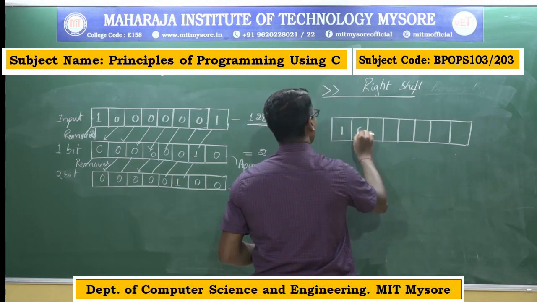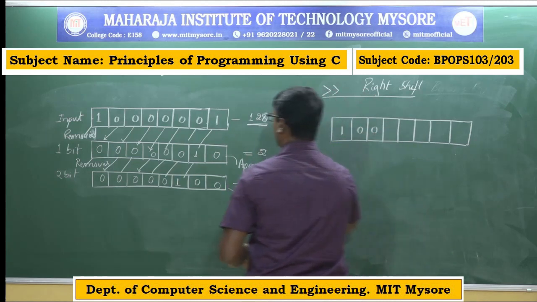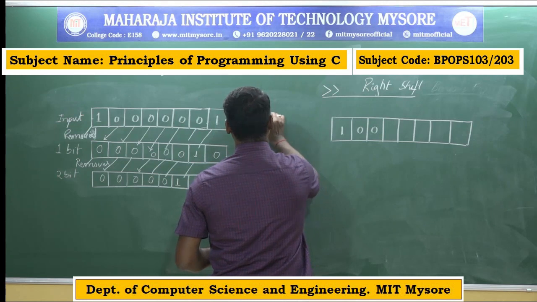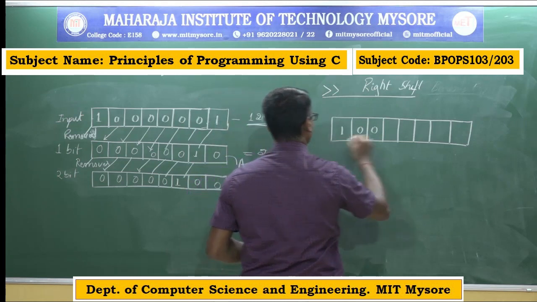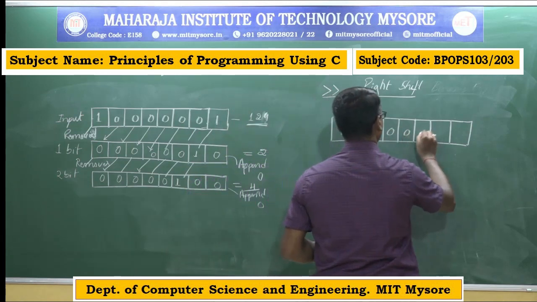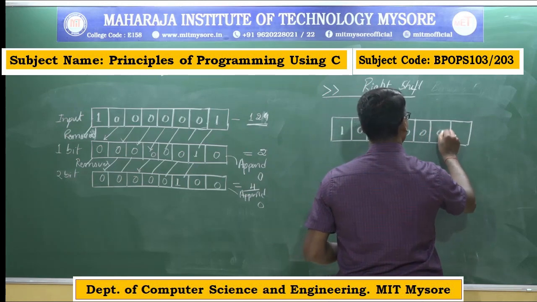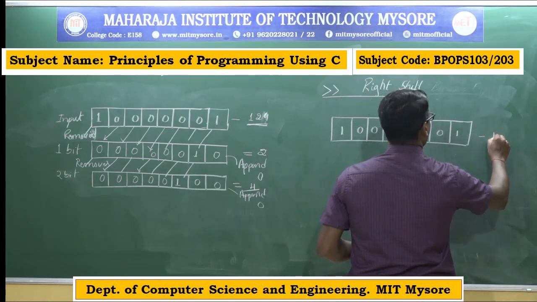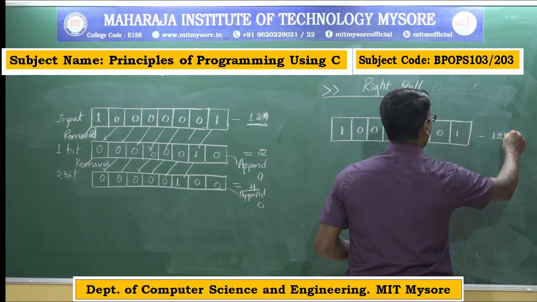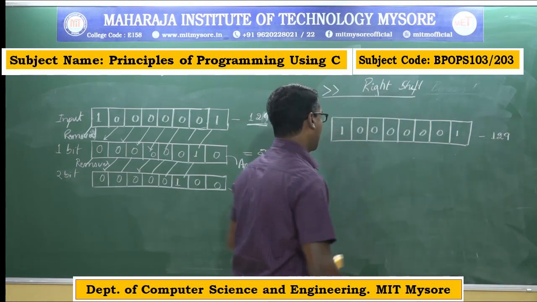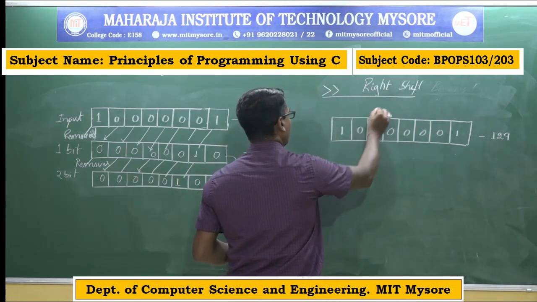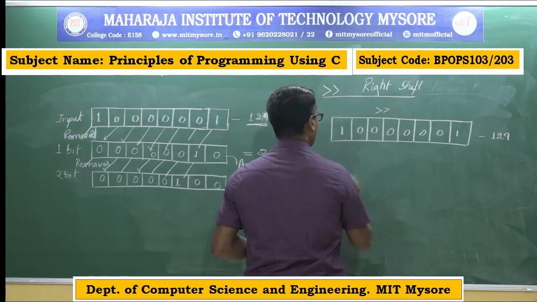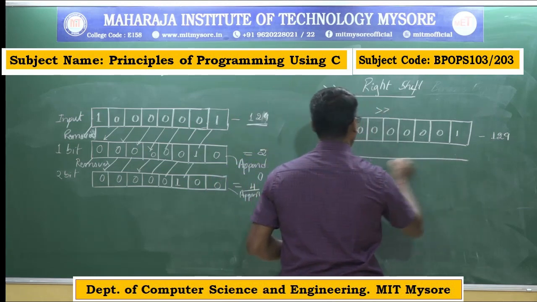Okay, I'll consider the same number, 129. I'll do the right shift operation. First I'll do shift by 1 bit.